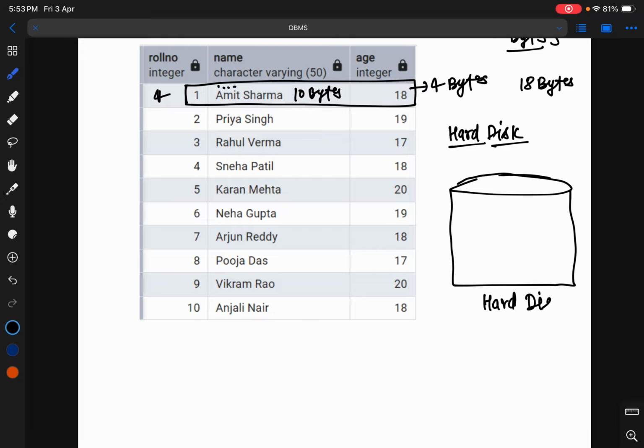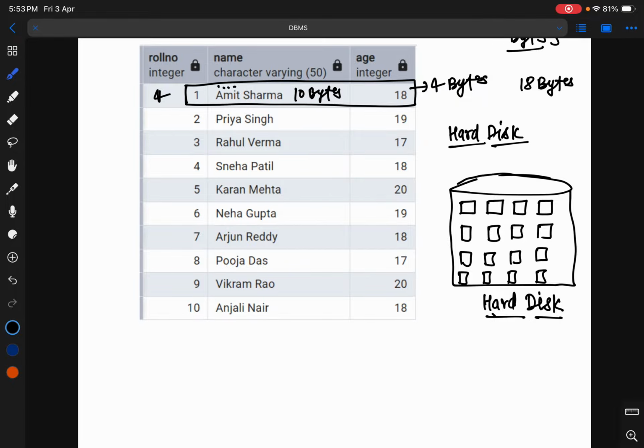So this is the computer hard disk. The file system a computer has divides this hard disk into smaller blocks, something like this. The entire hard disk is divided into these small size blocks, and the data is stored in these blocks.